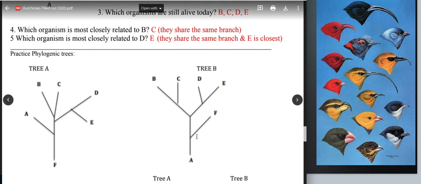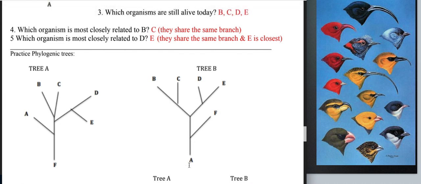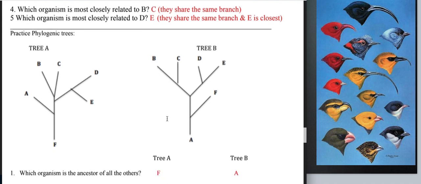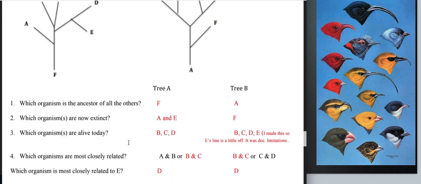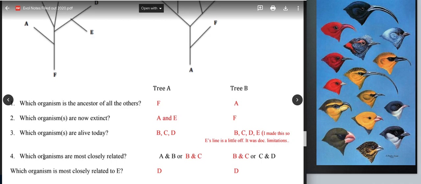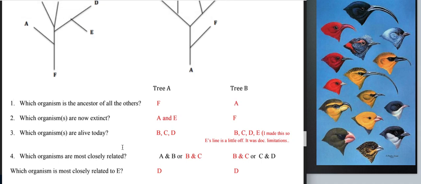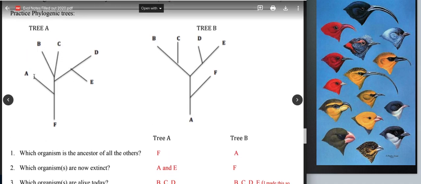All right, so if we come over to tree B, A is the ancestor because it's at the bottom where the roots are. F is extinct because its line does not go all the way to the top. B, C, D, and E are all alive because they go to the top. And that is what is here. Now, the only thing we have to do is which organisms are most closely related, A and B or B and C. So is A and B most closely related, or is B and C?